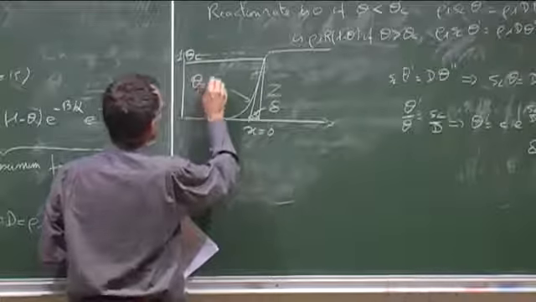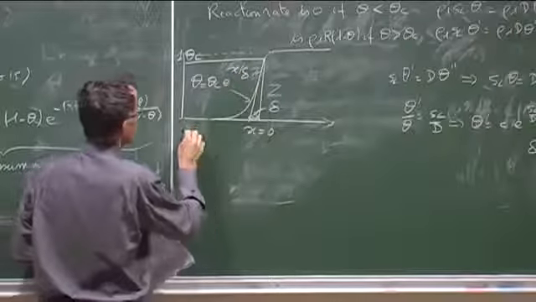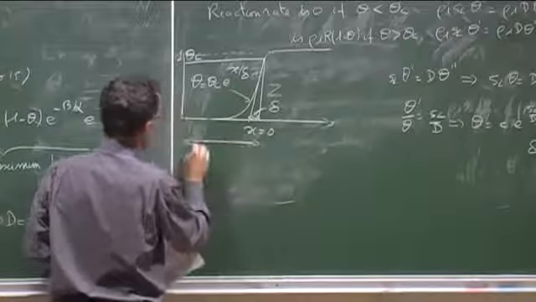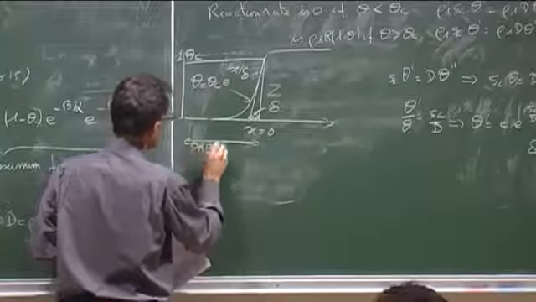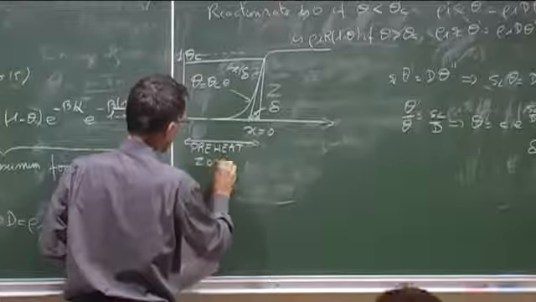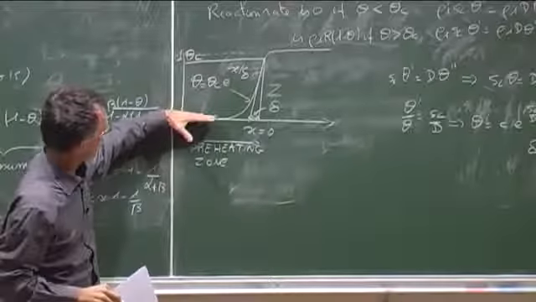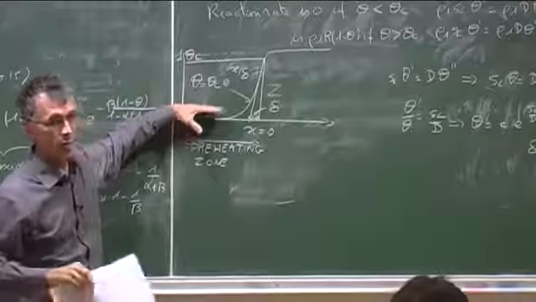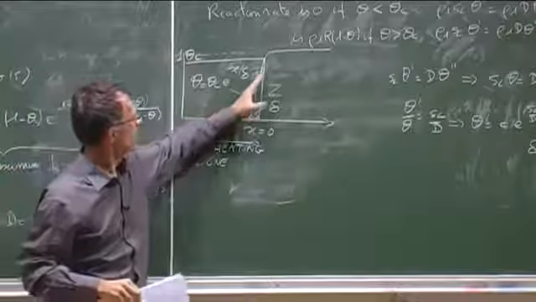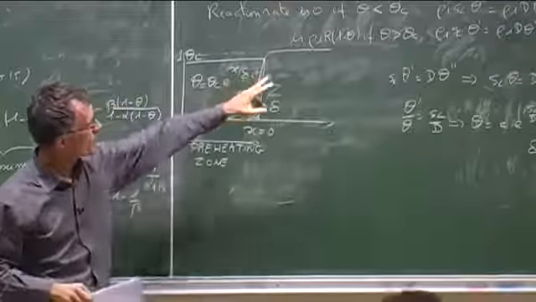The profile of temperature will be written like this. And this is what we call the preheat zone. Because this is the place where the gases are not burning at all, they're just being heated before they reach that point. No combustion, very simple equation as you can see here.